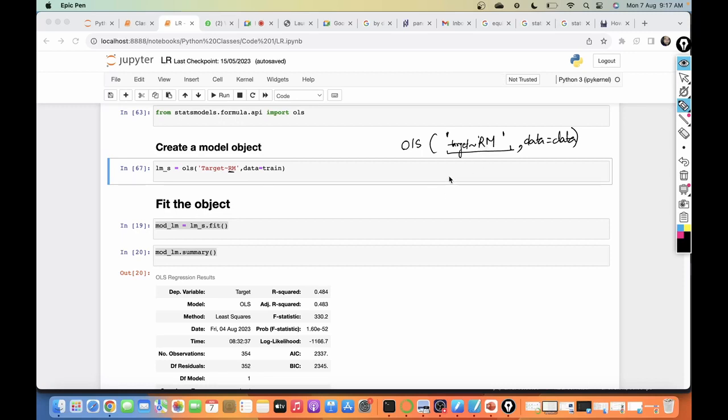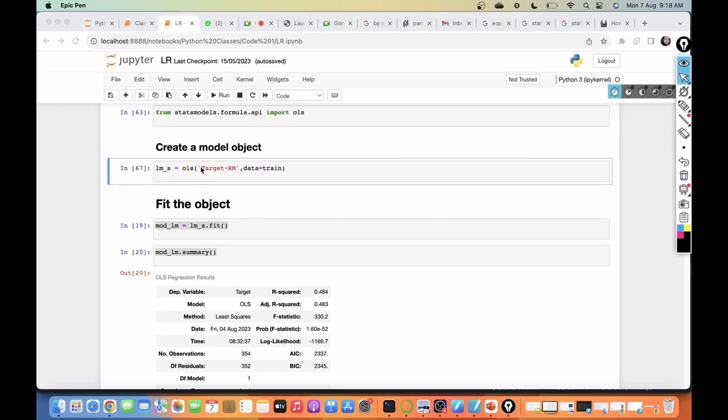If you have more than one, two, three, then first is the target, and then instead of just RM, you need to put RM plus x1 plus x2 plus x3 and so on under this quotation itself. And you will get the OLS, ordinary least square answer. Like this way.